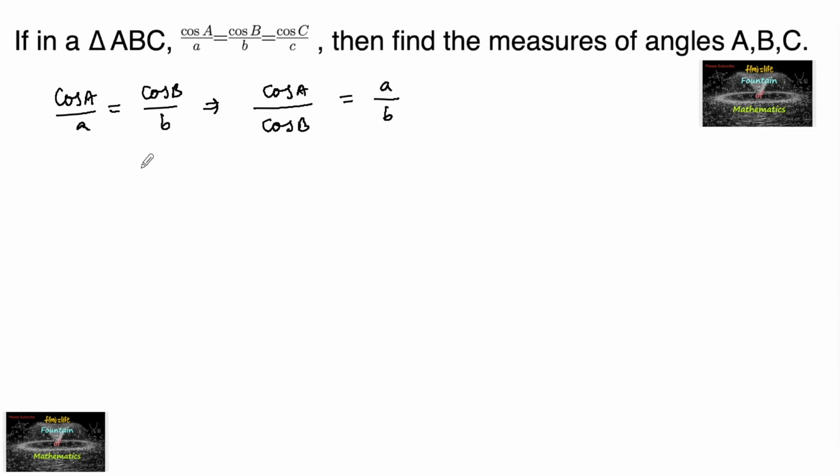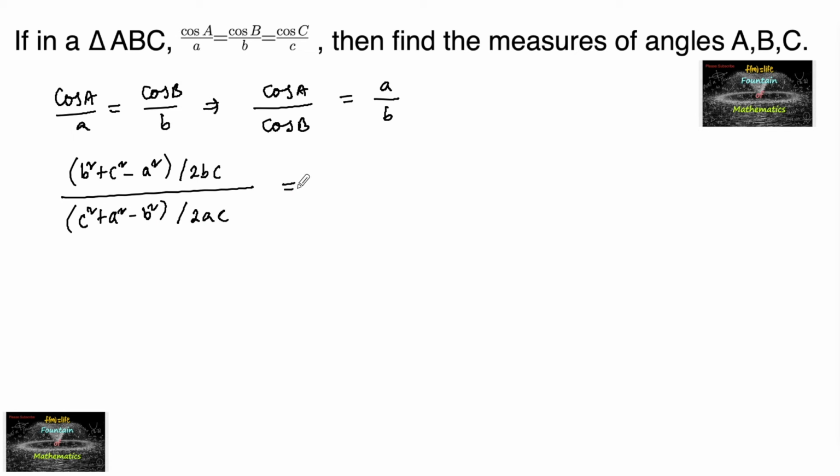And since we have the cosine rule, b square plus c square minus a square upon 2bc, upon c square plus a square minus b square upon 2ac, which is equal to a upon b.